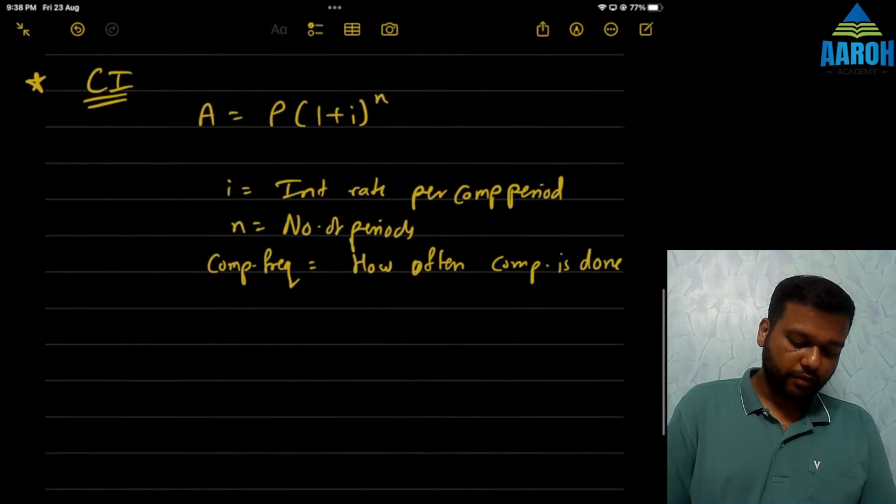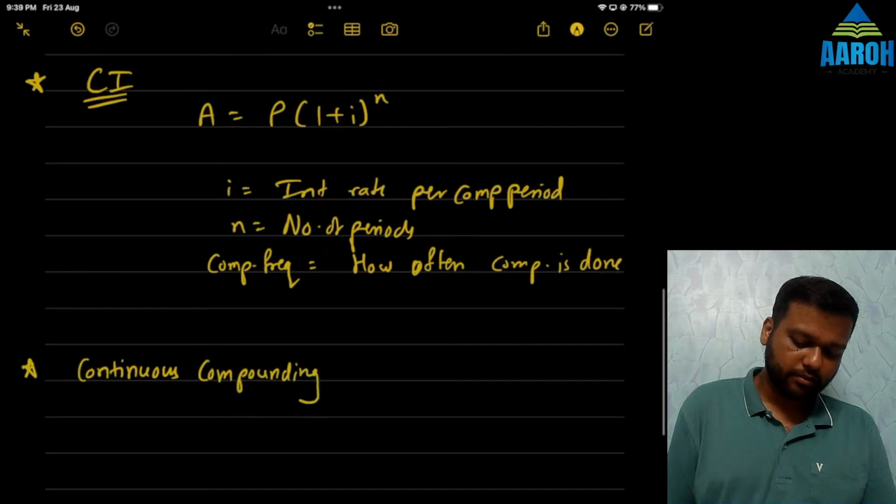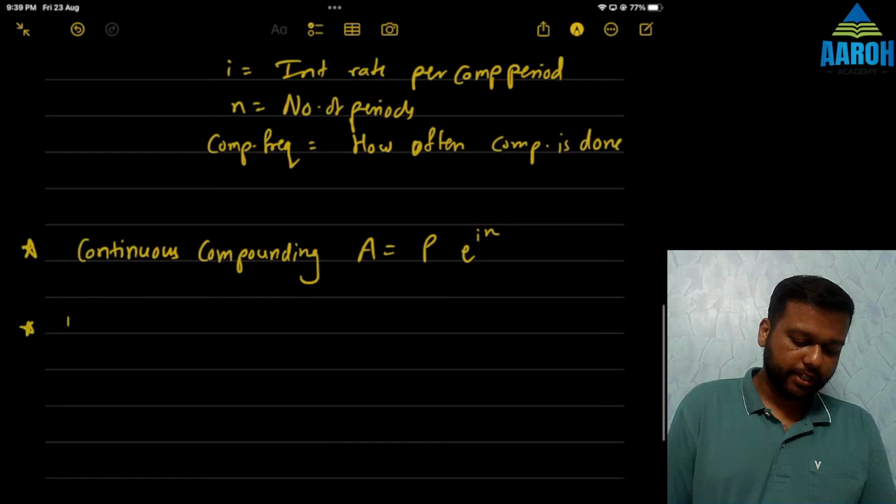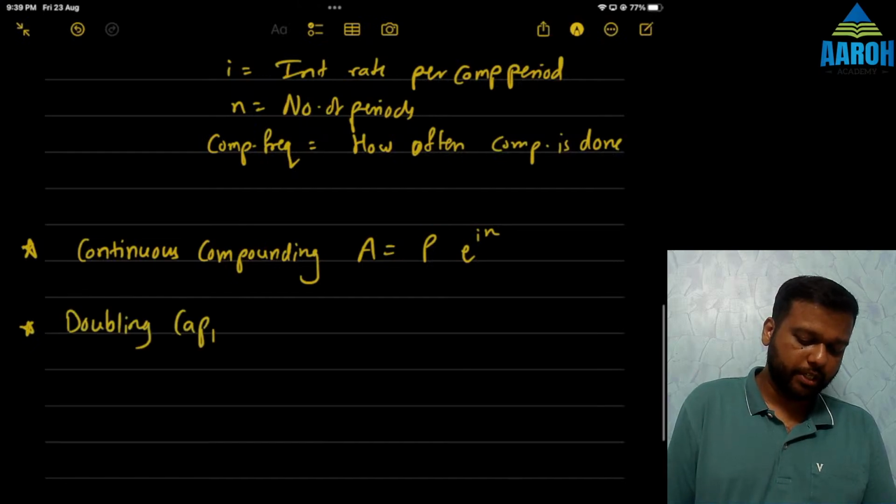Then for compound interest, continuous compounding formula is amount is equal to principal into e raised to I into n. Then in compound interest, doubling can be calculated as approximate.